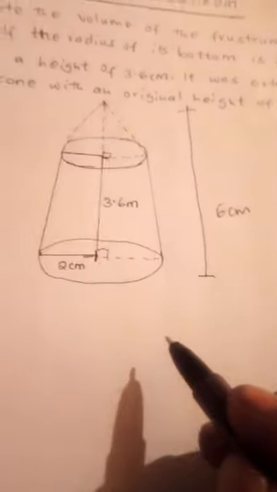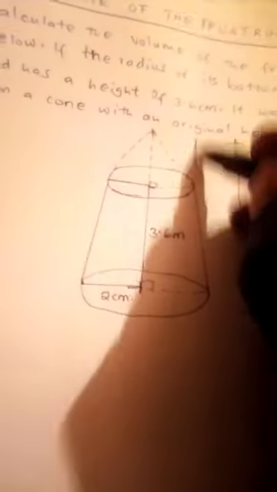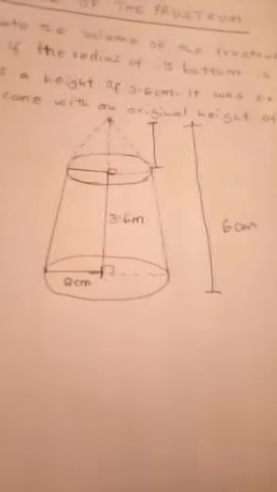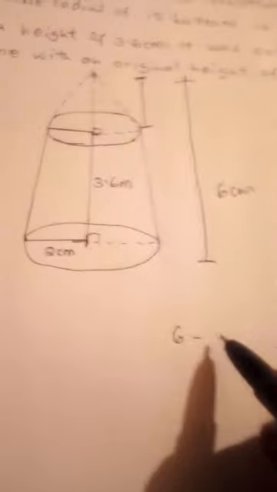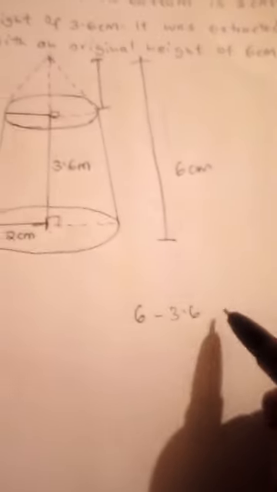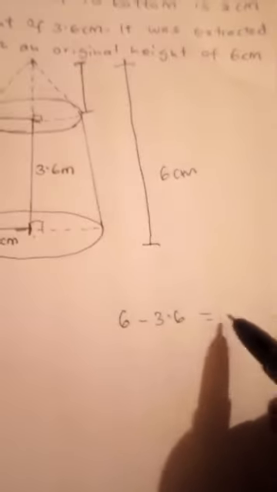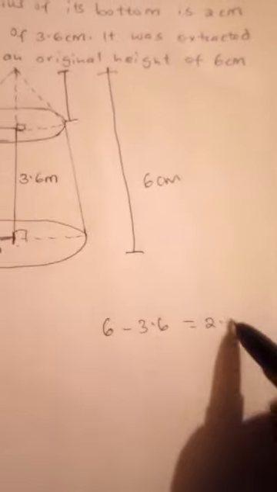If we want to get the height of the smaller cone, which is from here up to this point, we are going to get this as 6 minus 3.6, which is 2.4 centimeters. So this is 2.4 centimeters.